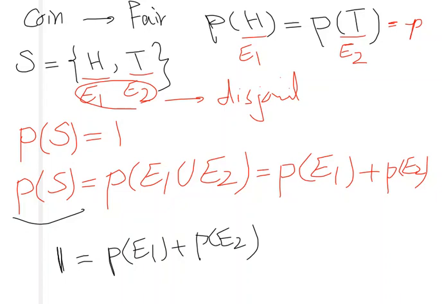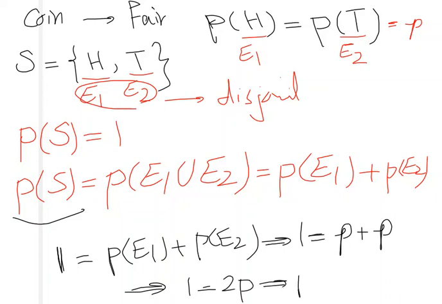So we consider that as p plus p, a small p. So 1 is equal to 2p. So p is 1 over 2 or 0.5. So you can see that for a fair coin, the probability of head and the probability of tail are 0.5.